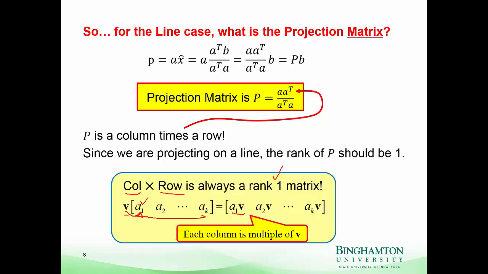So our first column of the resulting matrix is some number times V. The second column is some other number times V. In fact, every column is just some multiple of V, and so all of the columns are linearly dependent on each other. So there's only one linearly independent column, and that is the definition of the rank. So we've just proved here that any column vector times any row vector gives us a matrix of rank 1.